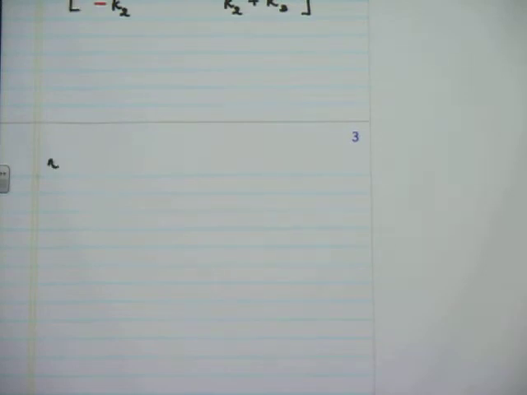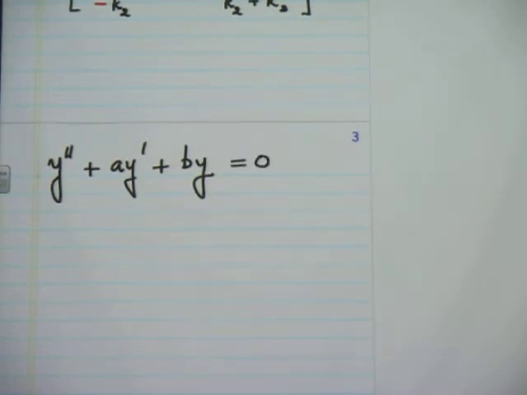If you have y double prime, right? Plus a y prime plus b y equal to 0, and y is a function of x or t. Doesn't matter. X is the independent variable and y is the dependent variable.